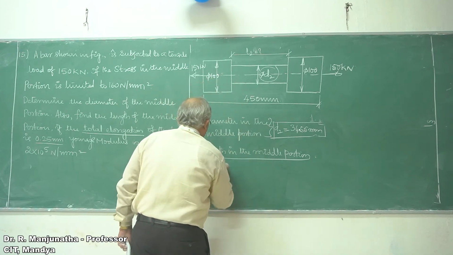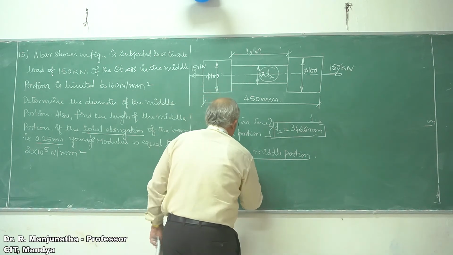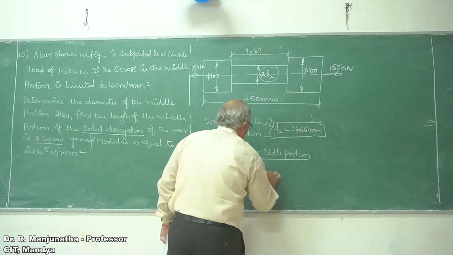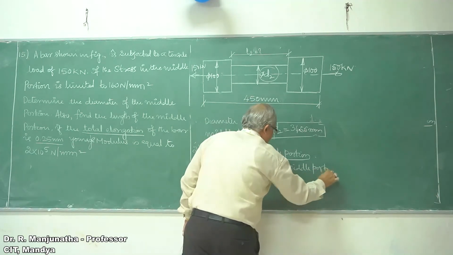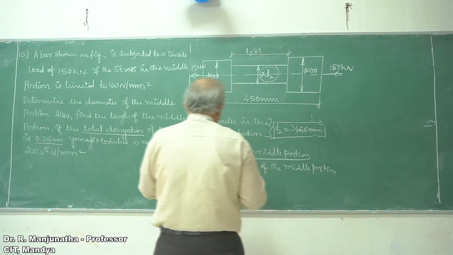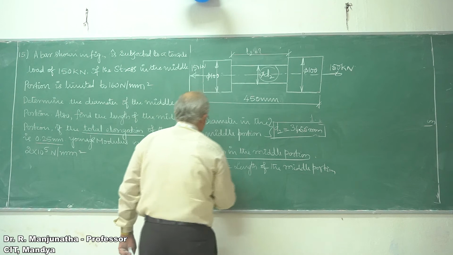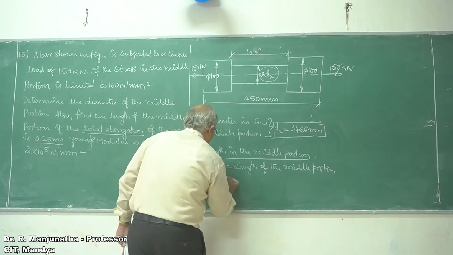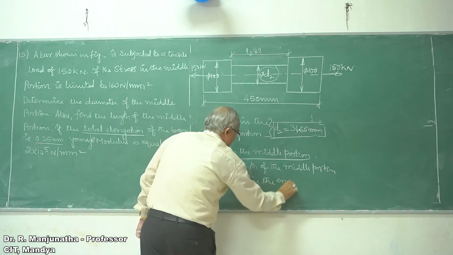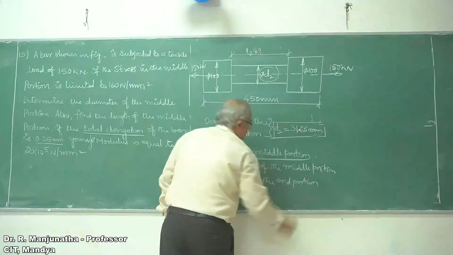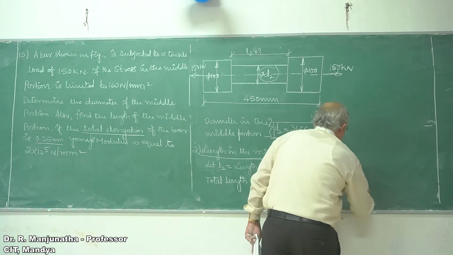Therefore, the total length in the end portion will be equal to 450 minus L2.